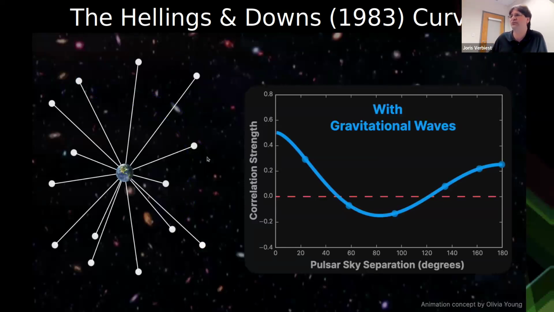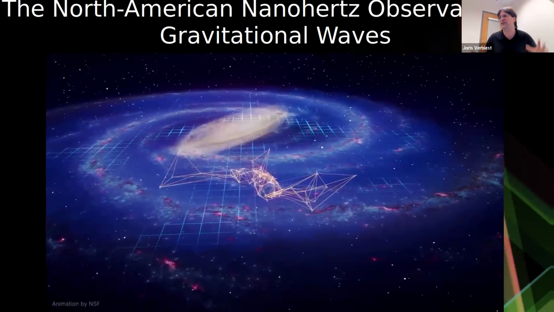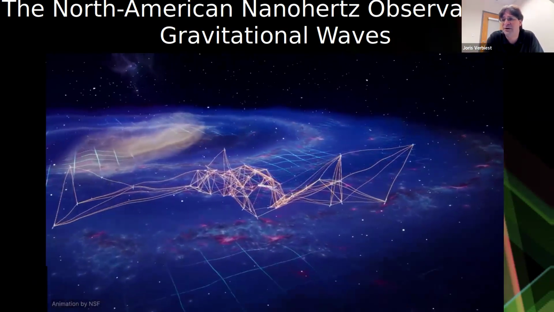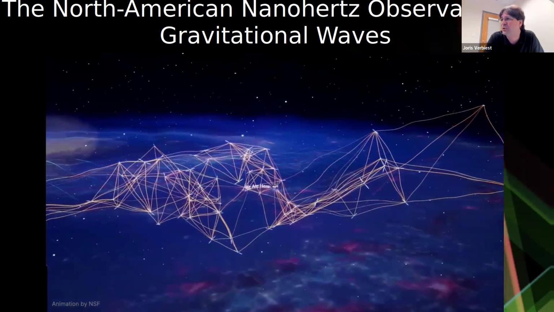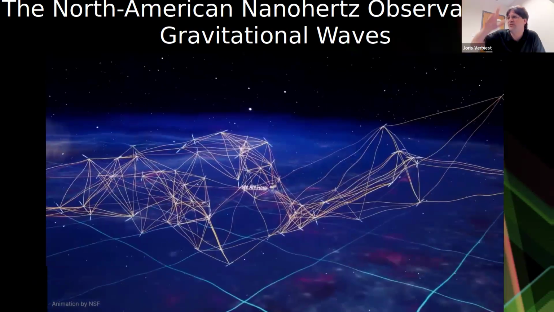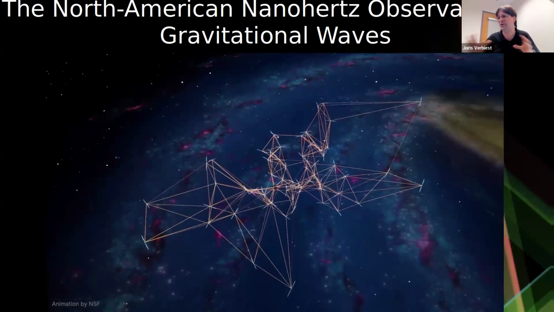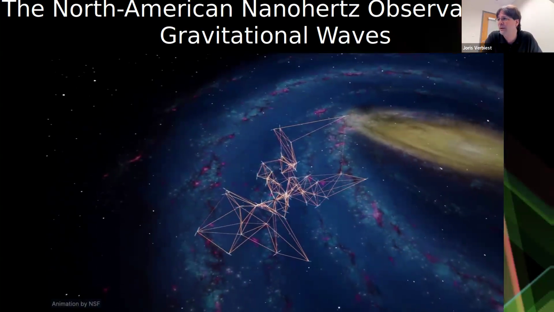In practice, of course, we're not just working in 2 dimensions. We have a pulsar constellation spread in the galaxy. This is an artist's impression of the NANOGrav array, which since then has actually grown, so there are more pulsars. As the gravitational waves go through, all these arms of this detector network get stretched and squeezed, and it's that effect that we're looking for.